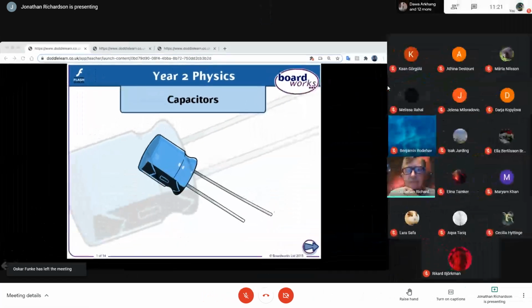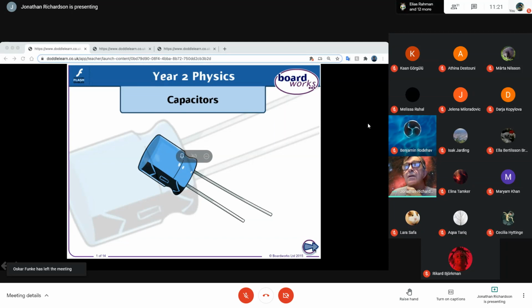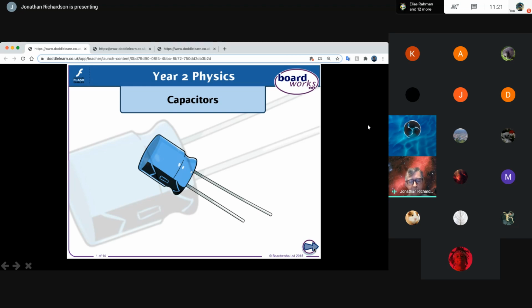Right. There we go. So today we're going to look at these wonderful devices. And again, I've got some just here that I can hold up and show to you. These are typical capacitors, very different to the device that you can see on screen at the moment, but we'll have a look at these and see how and what they are.